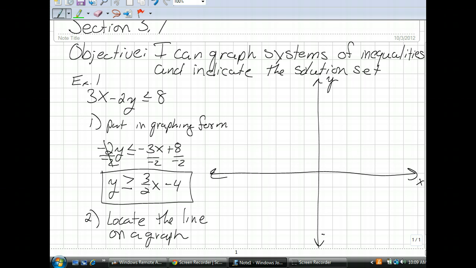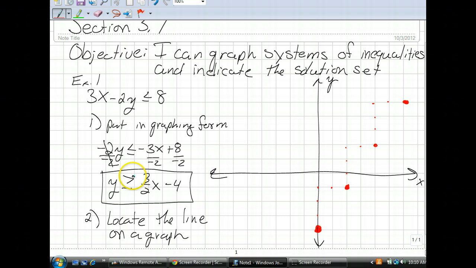So this tells me to go down to negative 4, which is my y-intercept. Let me do this in red. And then the slope tells me from that to go up 3 over 2. So 1, 2, 3, 1, 2, and repeat. All right. Now the next thing to do is determine if the line is included.